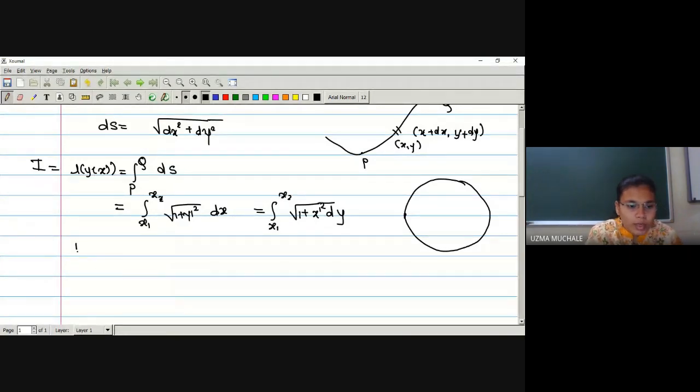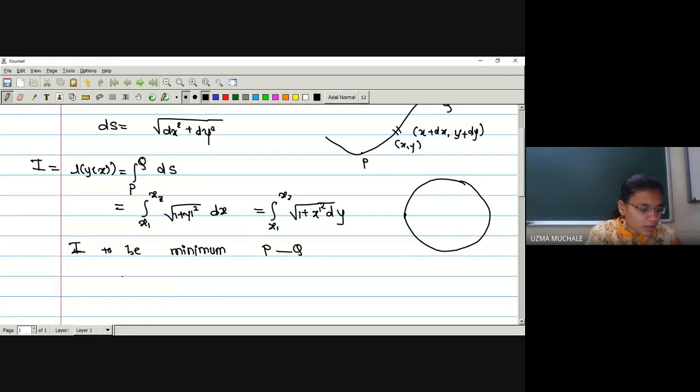Right. Now, what is our aim? For I to be extremum, in this case we are going to find the minimum, because we need the shortest distance between the two points P and Q, and we want to show that the shortest distance is a straight line.